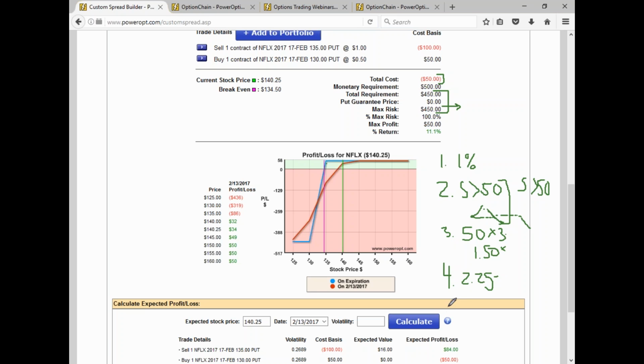Some of you, instead of using probability, or even if you're using probability, you might also use delta. So if I open this position, and we saw that short put had a 76.6% probability above, I didn't write down the delta, my apologies, but it's probably the reverse of that.